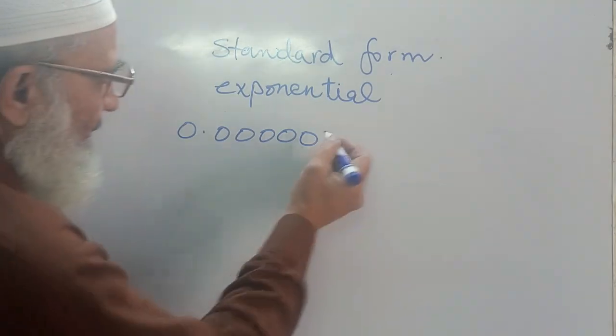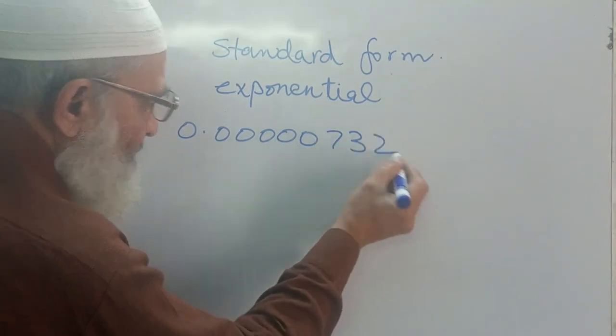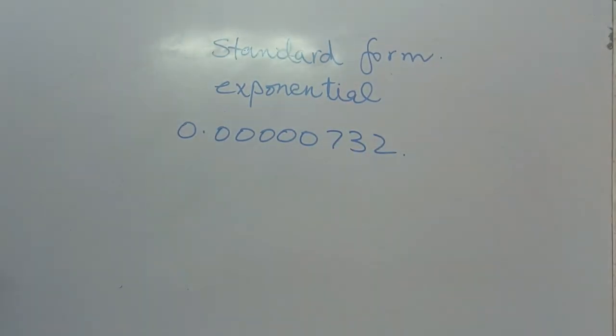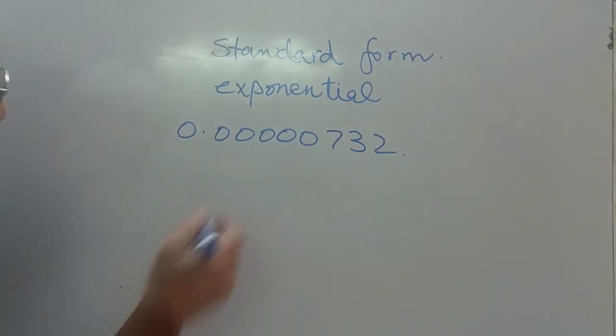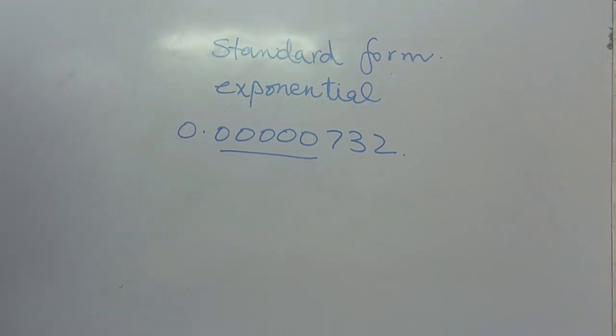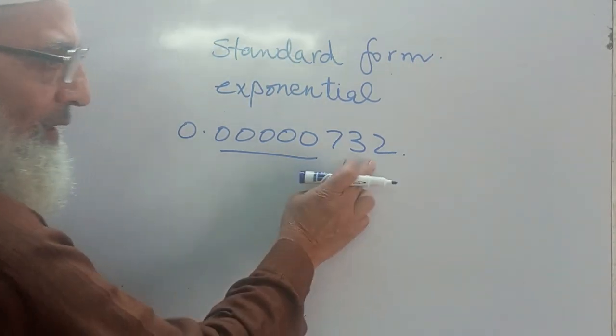Or let me take this one, 0.00000732. You see that after the point there are five zeros in a row, and then there are the numbers 732.